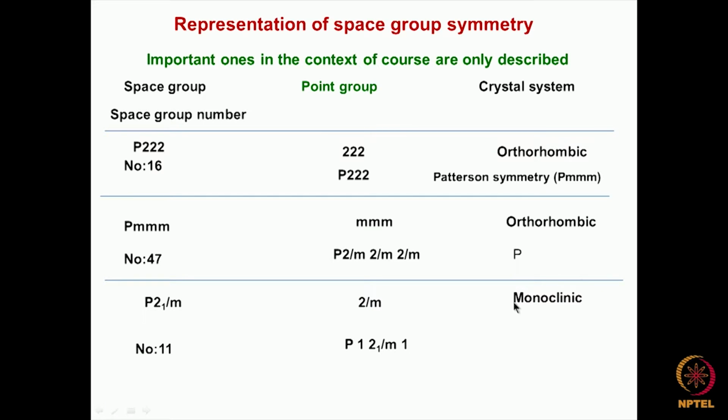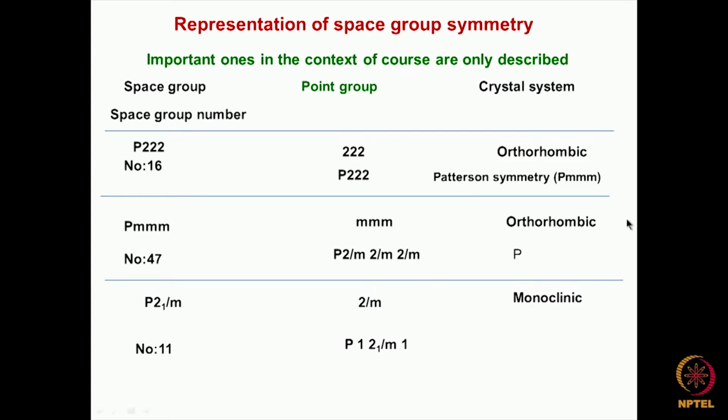Like here, if you look at this particular orthorhombic structure, the point group symmetry is mmm, space group symmetry Pmm, the number is 47, and this is the details of the space group symmetry. This m means 2/m, 2/m, 2/m. Okay. This is all acting along each one of the a, b and c axes, correct, for orthorhombic structure.